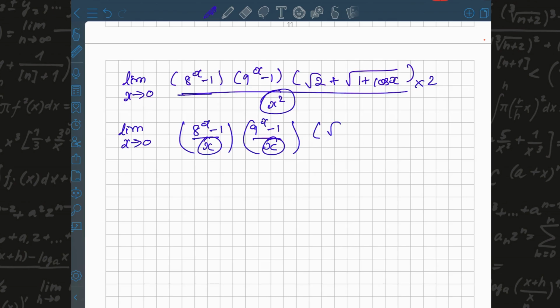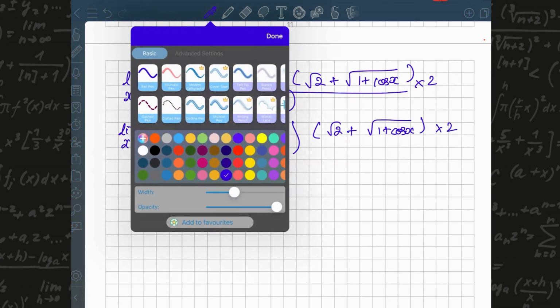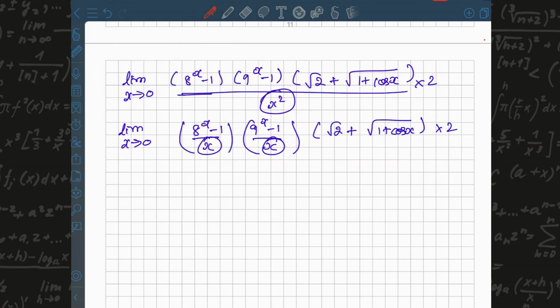You guys have seen this format somewhere, right? So I'll write the formula for that as well for your easy reference. And if you don't have these formulas, just write it down in your formula notebook. It will come in handy during your exam preparation. So limit x tends to 0, a power x minus 1 divided by x is nothing but log base e a. So this is the formula.